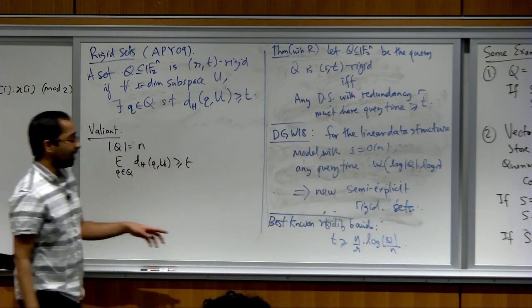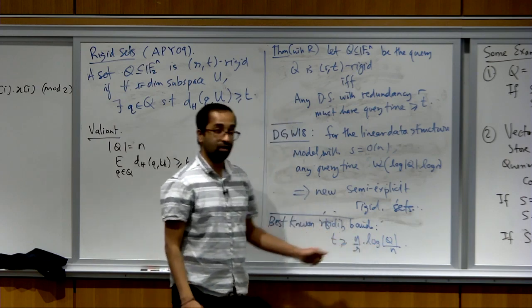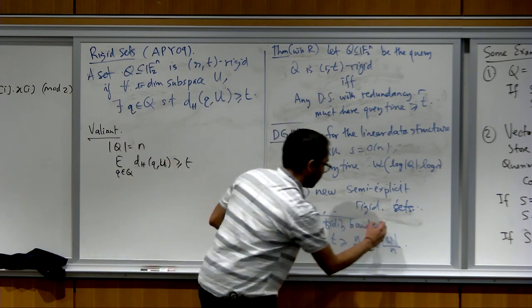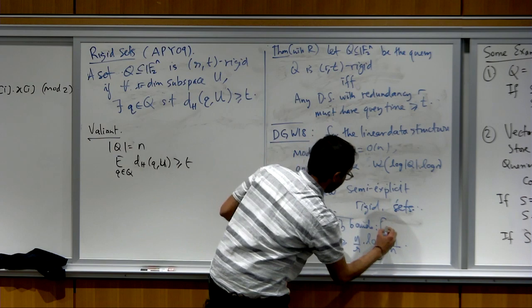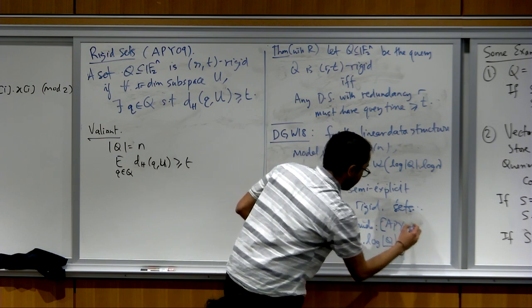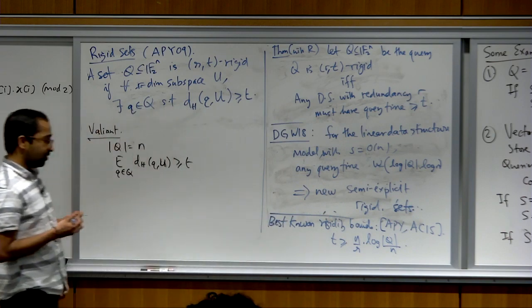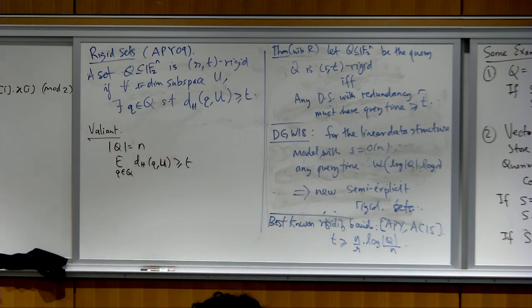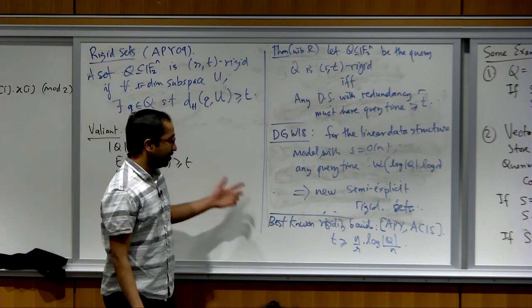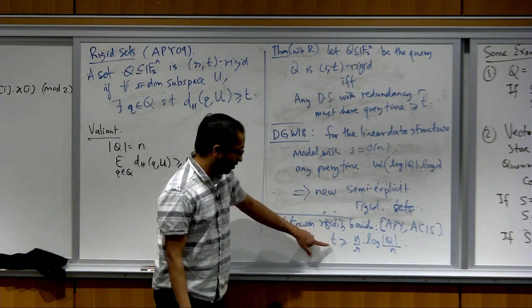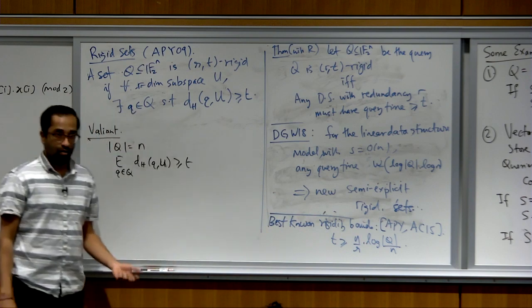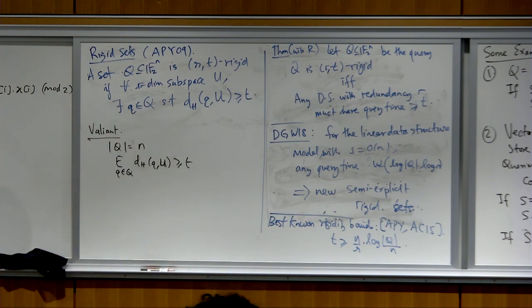So again there is this log Q bound sitting here, and we know of some results. One was given in APY, the other by Alon and Cohen in '15, where they use epsilon bias sets and some expander constructions to get some bounds, but all of their results were such that their sets were tight, in the sense that the upper bound also holds. Okay, good. Any questions at this point?